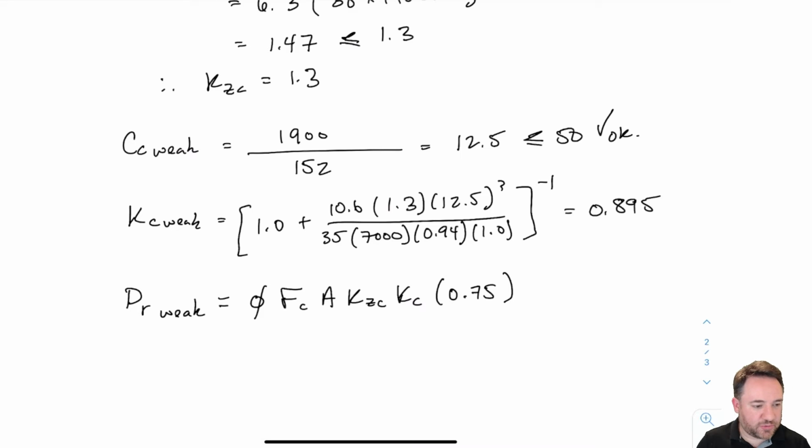And we only have to apply that to the weak axis direction, not to the strong axis direction. The strong axis direction buckling is not affected by the connections between the members, as we learned when we talked about built-up columns.